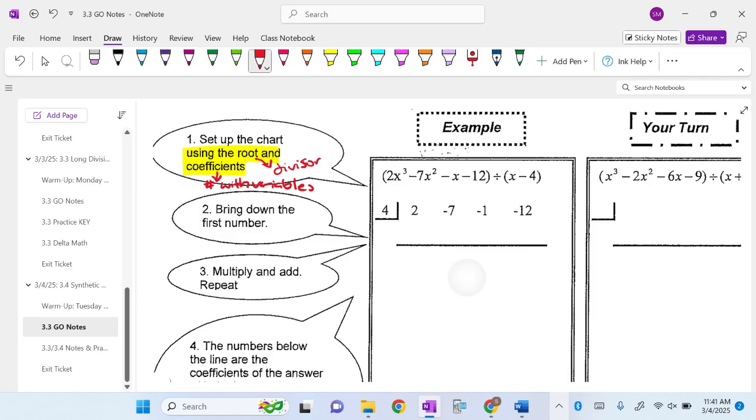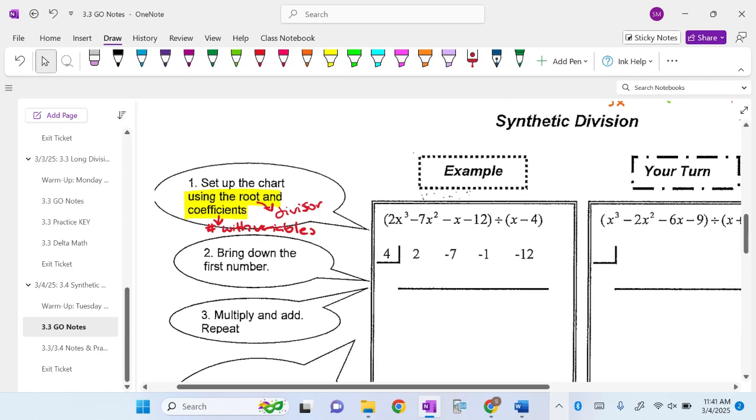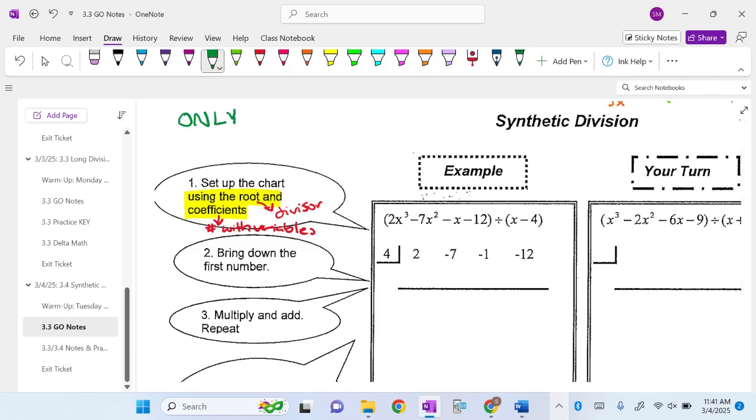Now, another thing to note before we even start, you can only use synthetic division when your divisor, or the binomial that you're dividing by, has an a value equal to 1.